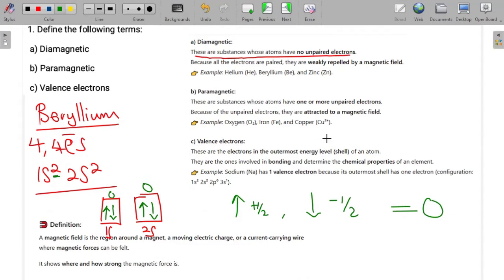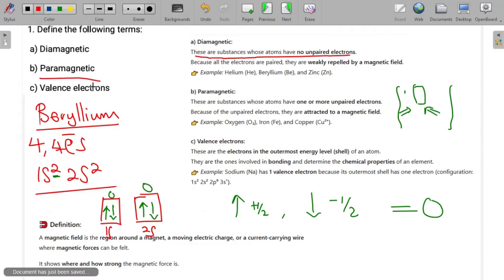These substances are weakly repelled by a magnetic field. So the magnetic force felt by such a substance is going to be 0, because all the electrons are paired up. That's what diamagnetic is.